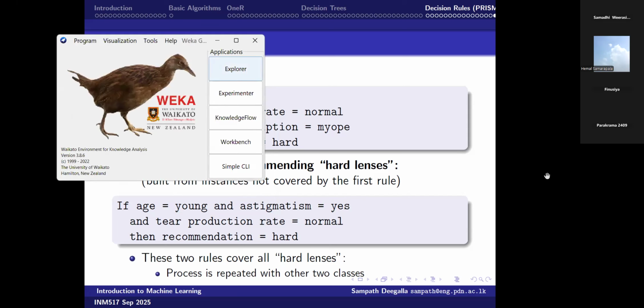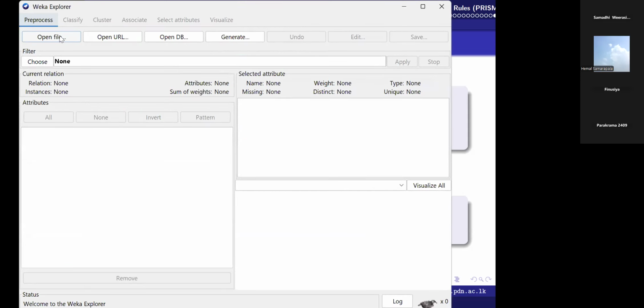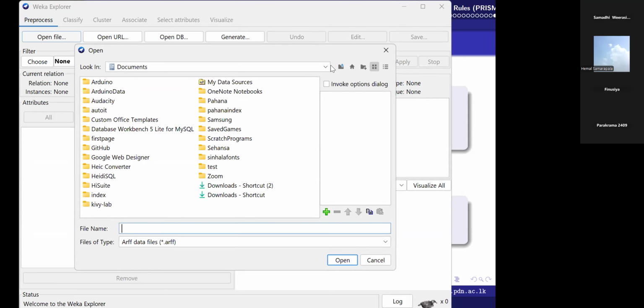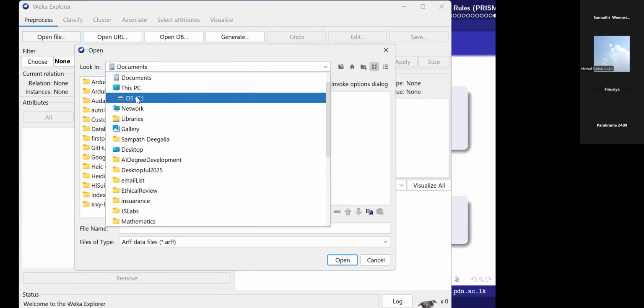Let me show you how this is done in WEKA as well. If you go to Explorer, and if you open up a file, let me go to the data folder.